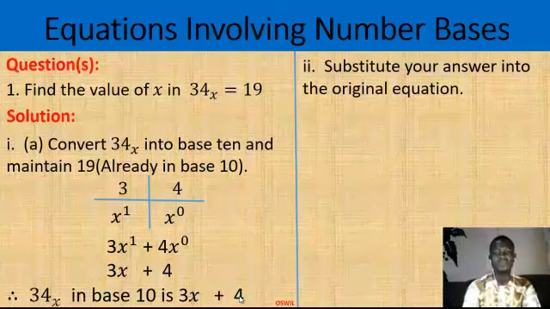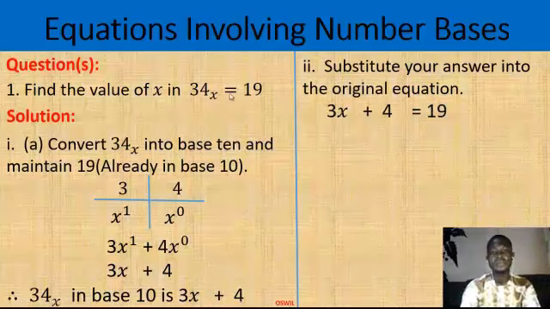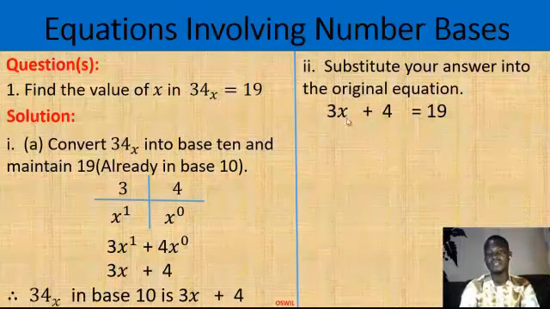So we may have 3x plus 4, then we bring our equal to sign, and then our 19, the 19 you see in the question. The only thing that has to be changed is the 3, 4 base x. So we have 3x plus 4 equals 19.